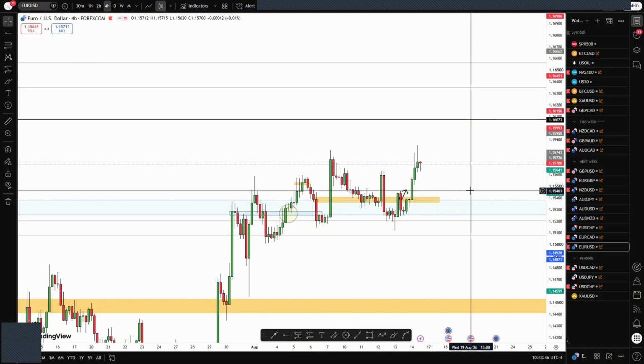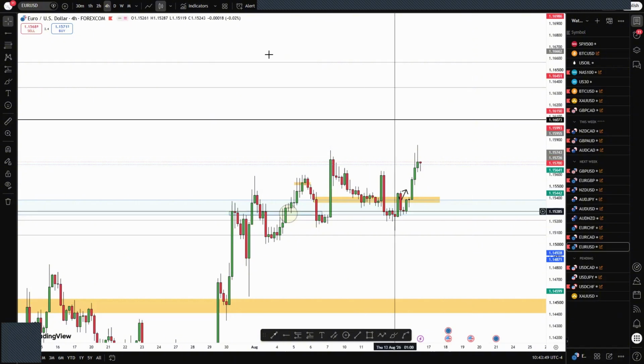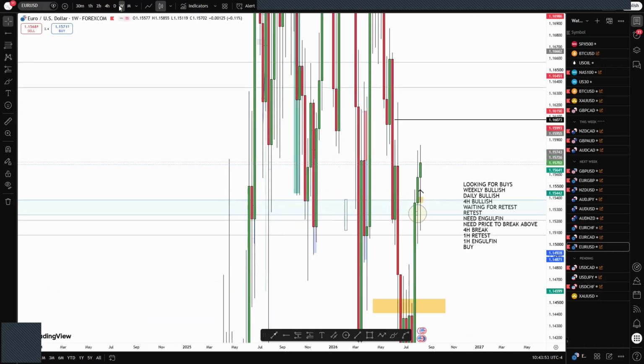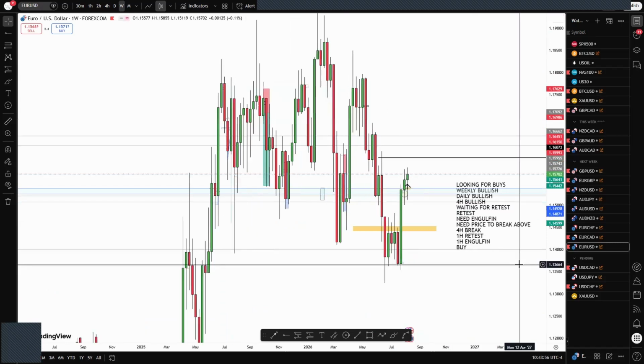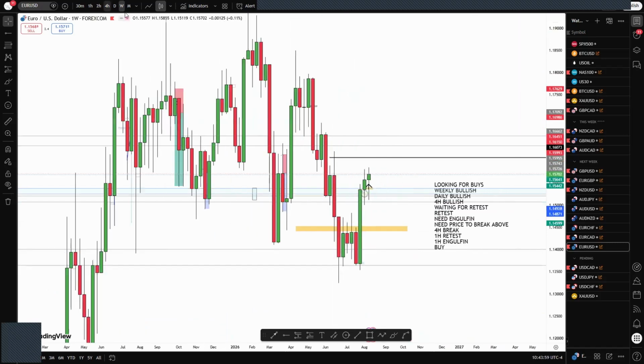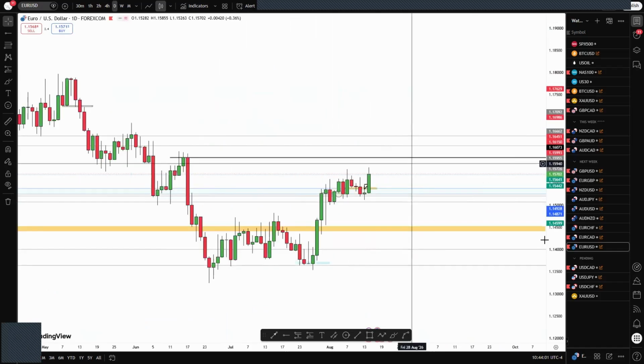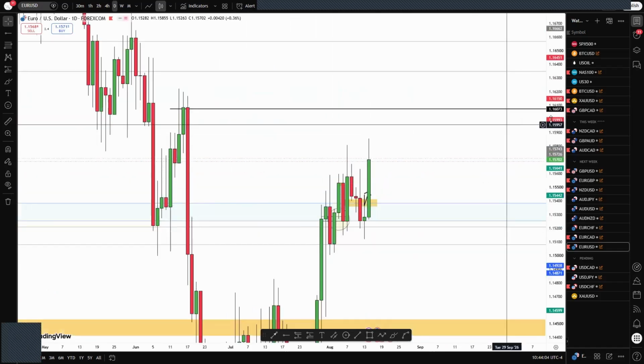Okay, so still, the price has been bullish on the weekly time frame, bullish in the daily time frame.